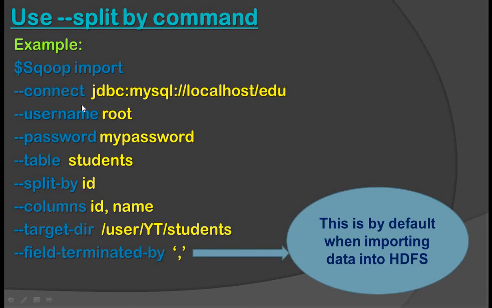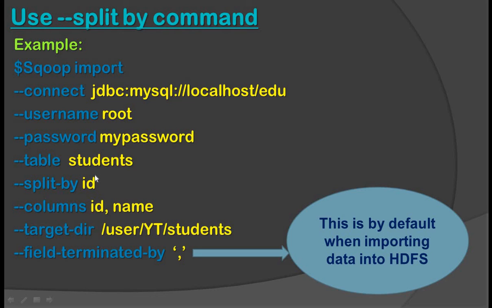So when Sqoop executes this statement, Sqoop splits the records and divides those records to different mappers based on this id, because we specify id here.